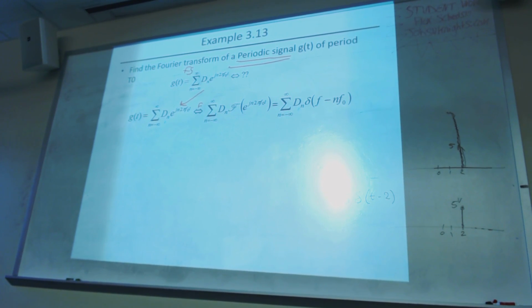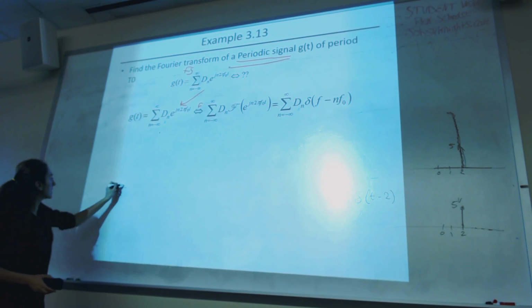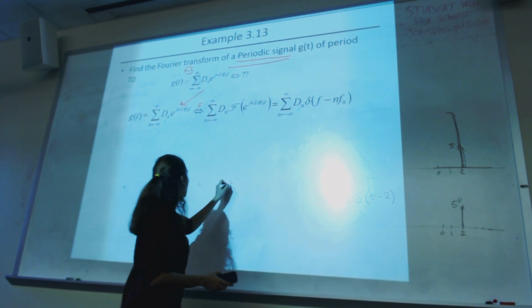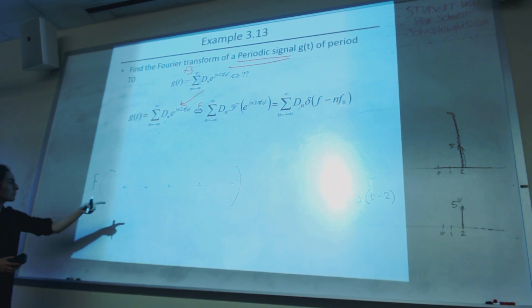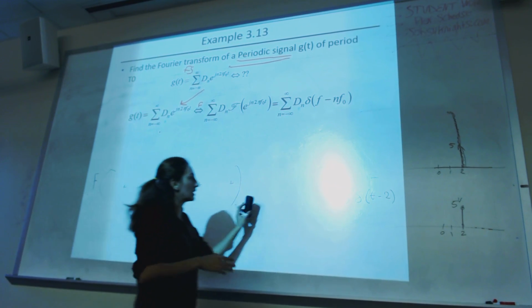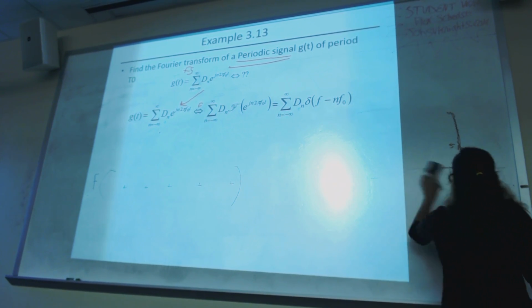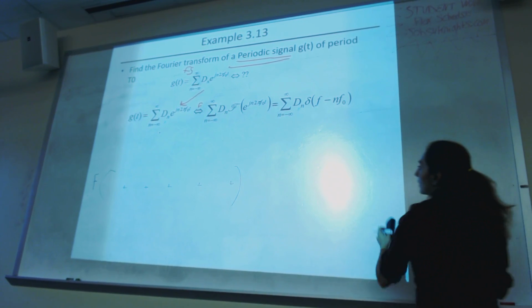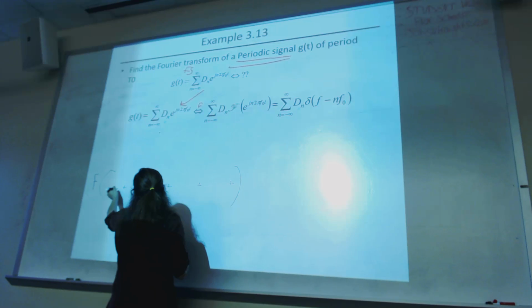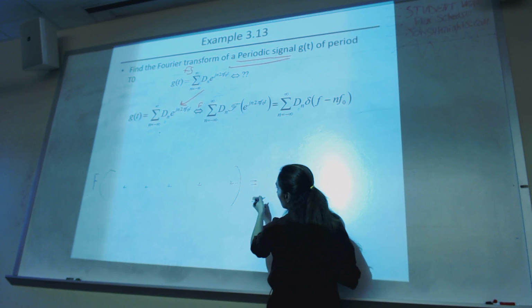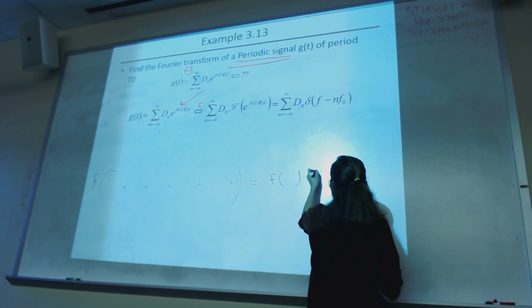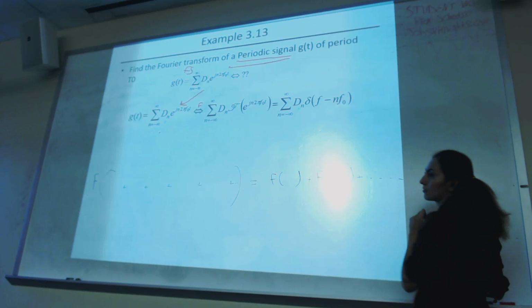Now take the Fourier transform. The Fourier transform is a linear operation, I'm adding some terms. So I can write this as the Fourier transform of the first term plus the Fourier transform of the second term, etc. Why?